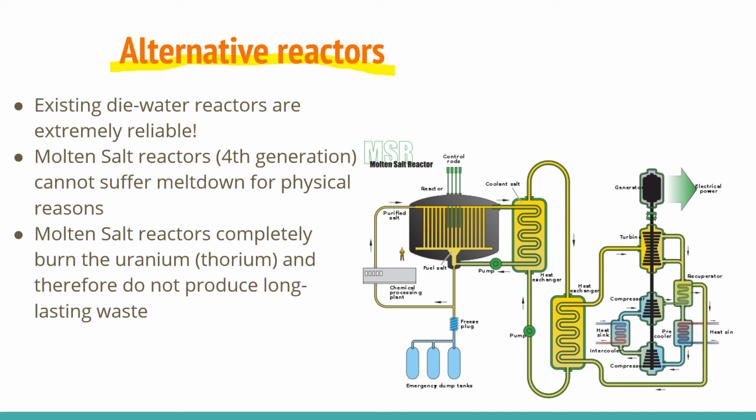The second thing is that you try to use a more sophisticated type of reactor core, and this is basically a so-called molten salt reactor. Molten salt reactors are not completely new.